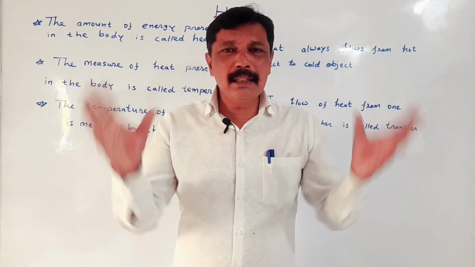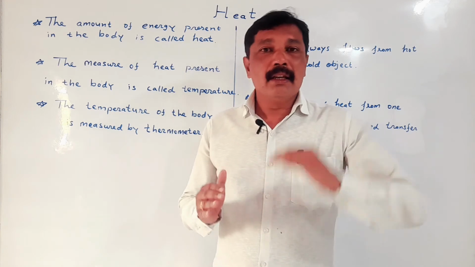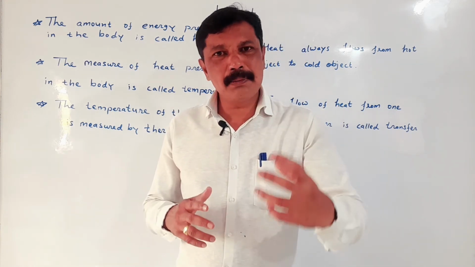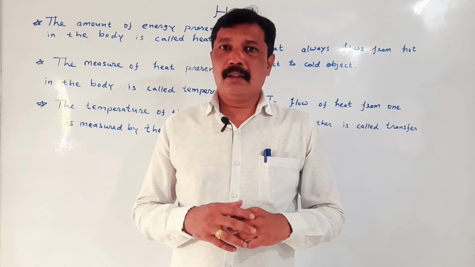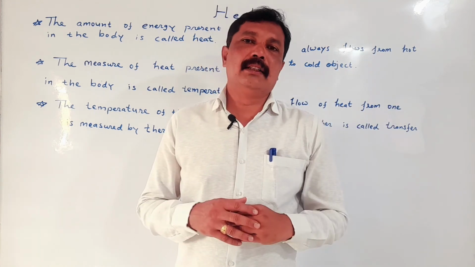From all these examples, my dear student, we learn that when heat is given to a substance, the substance acquires the heat. When the substance acquires the heat, the temperature increases.